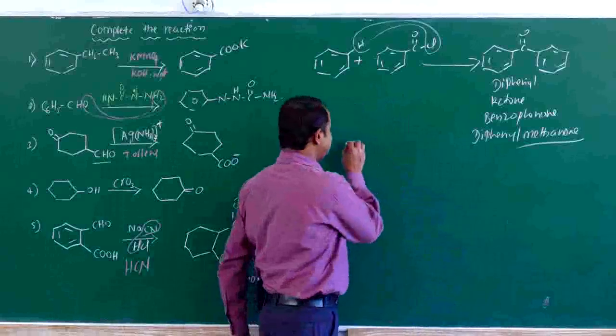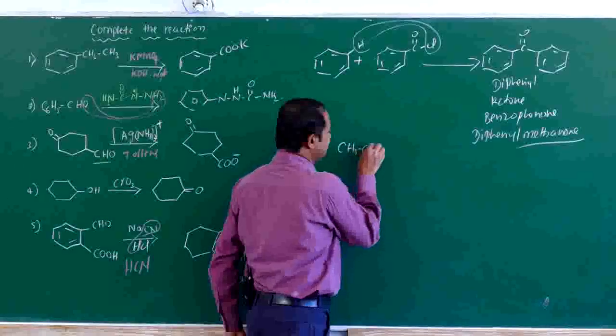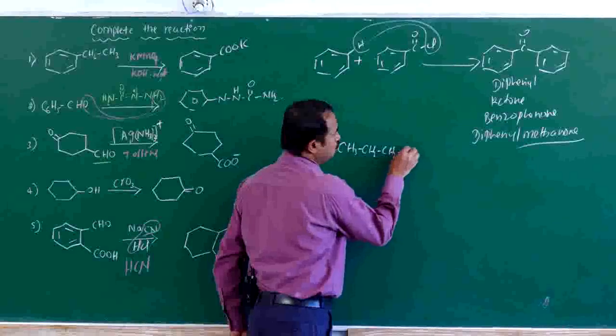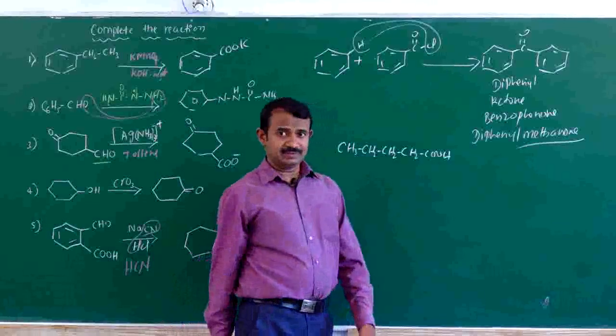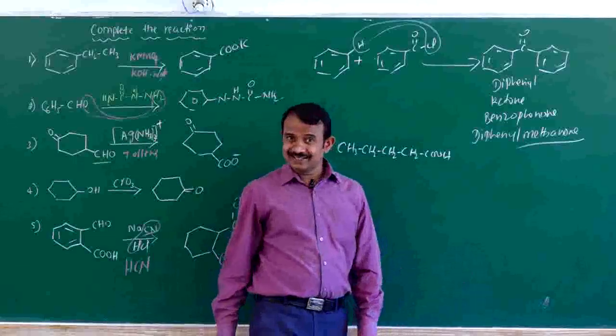Sometimes they will ask about CH3, CH2, CH2, COOH. How many carbons? Five carbons; this is valeric acid.